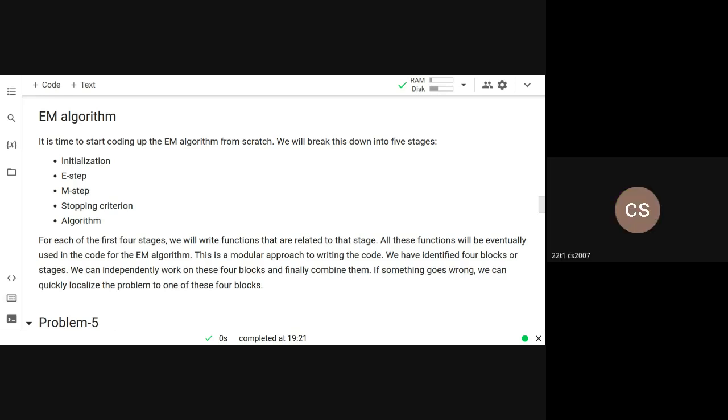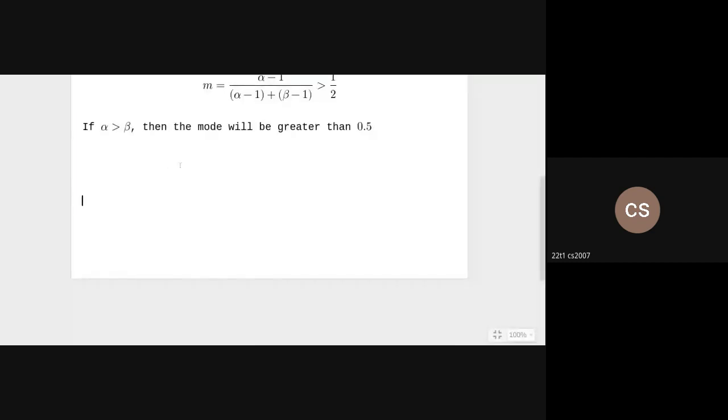Okay, so EM, what we'll do is we'll break it down into steps. The actual algorithm has one initialization, then one E step and one M step. Let me quickly write that down in this tab. So EM has to begin with one initialization, which is done using k-means, but here we won't be doing k-means.